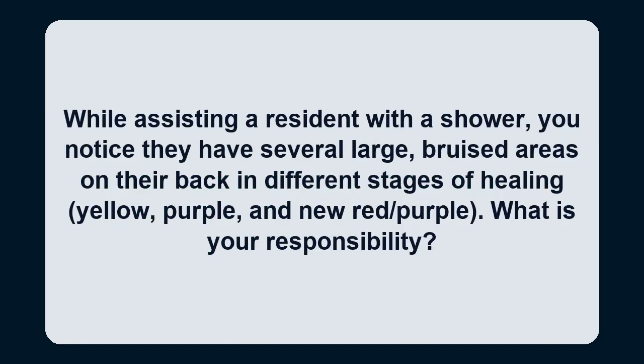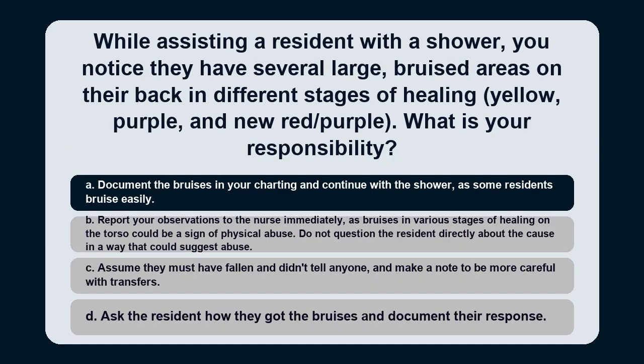Question 2. While assisting a resident with a shower, you notice they have several large, bruised areas on their back in different stages of healing: yellow, purple, and new red/purple. What is your responsibility? Option A. Document the bruises in your charting and continue with the shower, as some residents bruise easily.